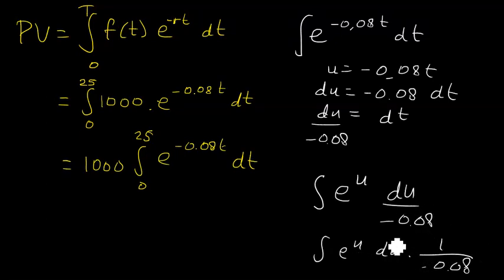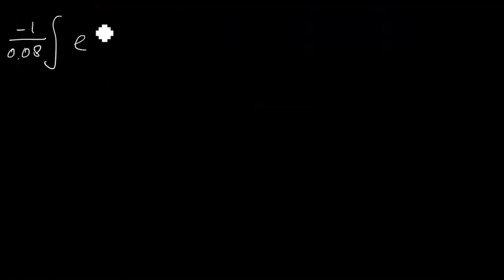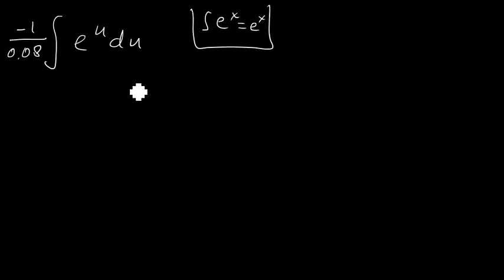Because this is a coefficient, we can just move it outside of the integral, leaving the integral of e to the power of u du. So let's calculate it. The integral of e to the power of u is the same, still e to the power of u, and then we have the factor of minus 1 over 0.08.